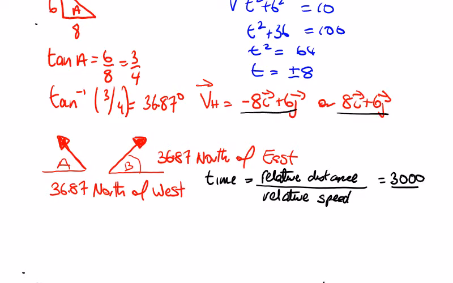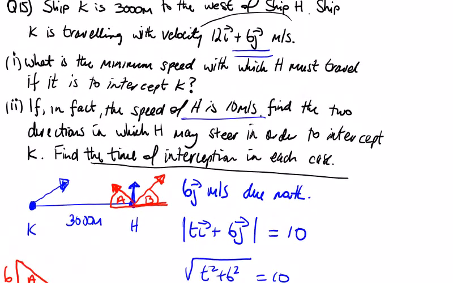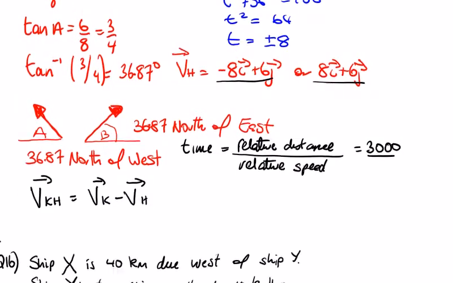So we've two velocities of h, so we want the velocity of k relative to h, which is equal to the velocity of k minus the velocity of h. And we have k, what was k traveling at? 12i plus 6j.